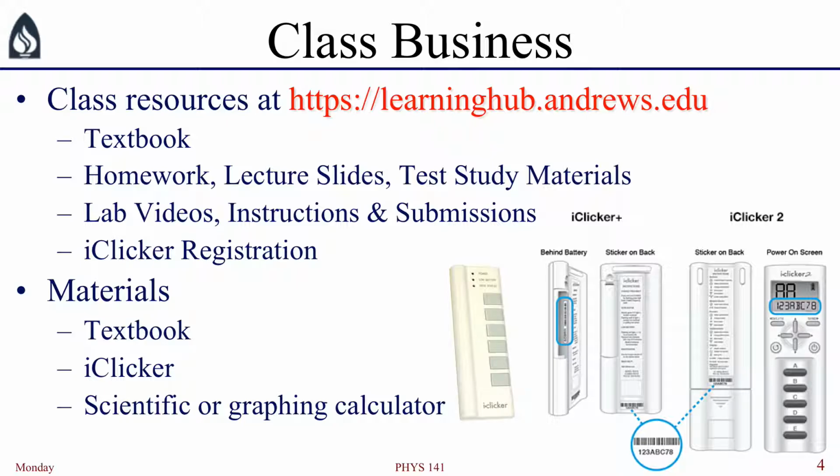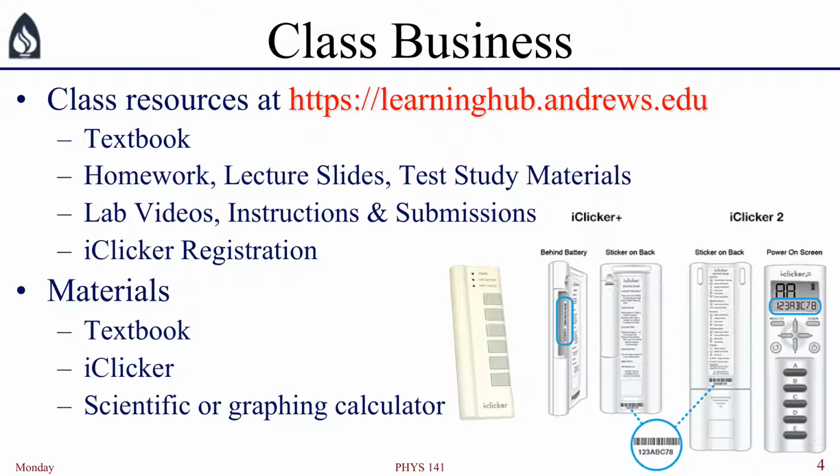In some cases, if you've bought your iClicker used, the identification number may have rubbed off, or the sticker may have fallen off. And in that case, we can still figure out what your identification number is. So you'll need to see me, so when you vote, your number will show up on my system, and then I can tell you what the number is so that you can enter it in.